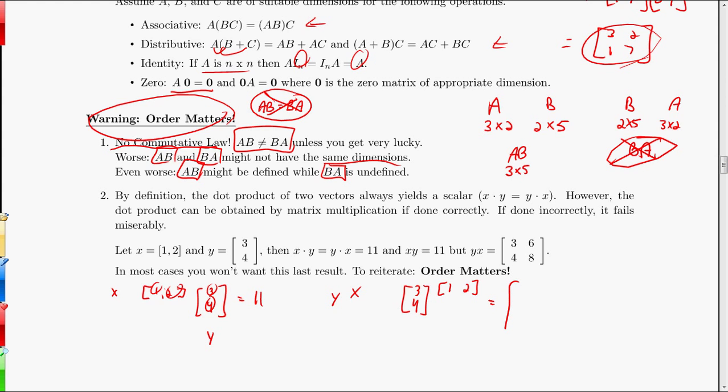If this is a 2 by 1, and this is a 1 by 2, then when you multiply these together, you wind up with a 2 by 2. So you want to be careful performing the dot product with matrix multiplication, because if you line it up right, it will probably do exactly what you want.